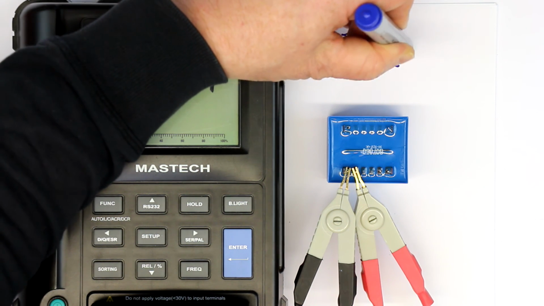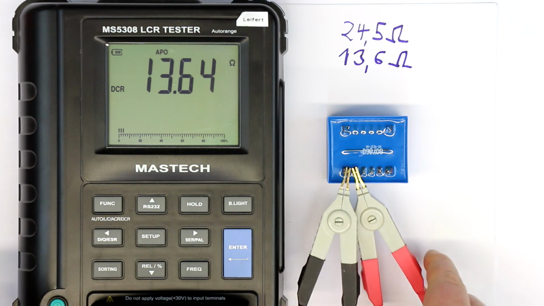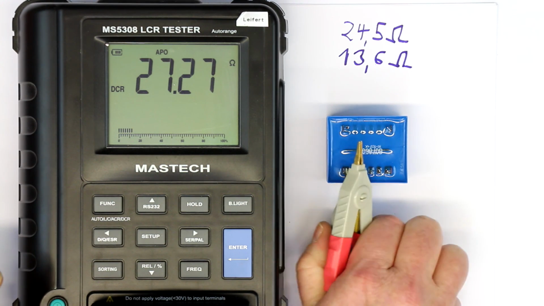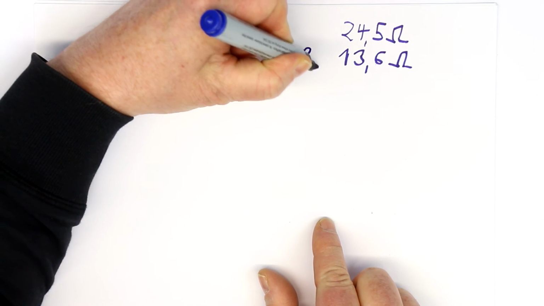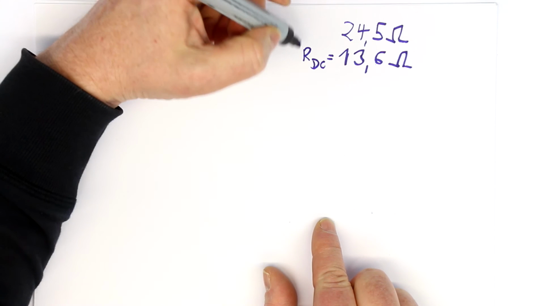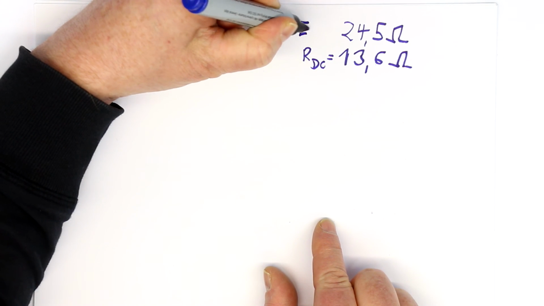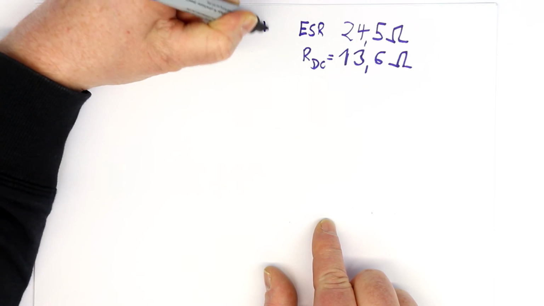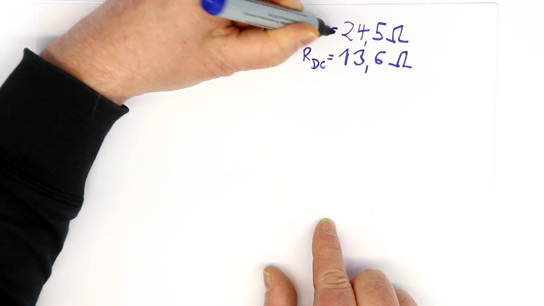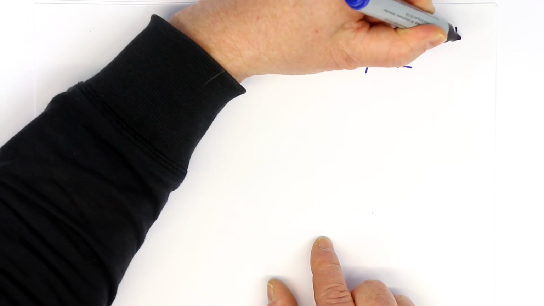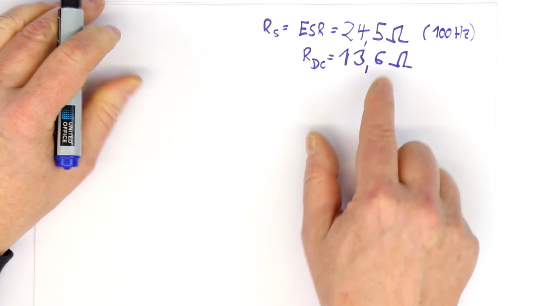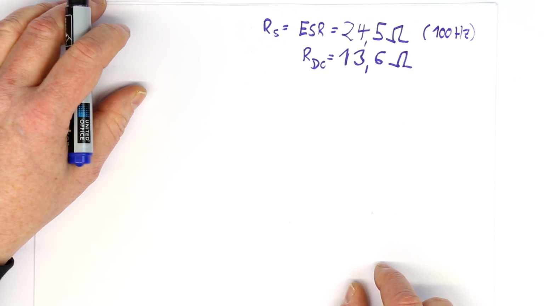The copper resistance, so our DC resistance, is 13.6 ohms, but the ESR, or the series resistance at 100 Hertz, we should add this, is higher. It's 24.5 ohms.